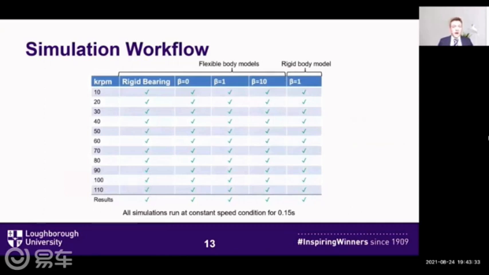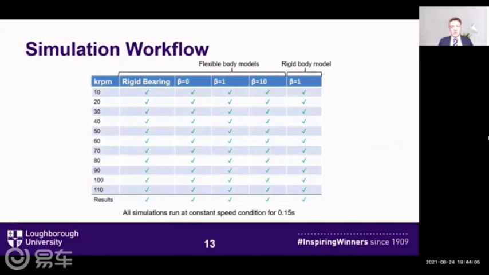So in terms of the simulations run, the system was run at speeds of between 10,000 and 110,000 RPM, at intervals of 10,000 RPM. This was run over a time period of between 0 and 0.15 seconds. The cases of bearing with Coulomb damping index of 0, 1, and 10 were used, as well as a baseline generic rigid surface bearing, which was used as a comparison.